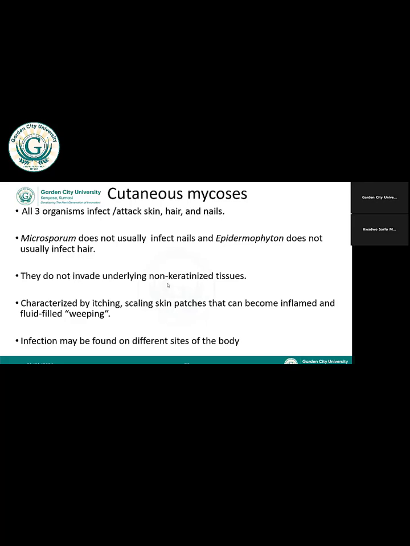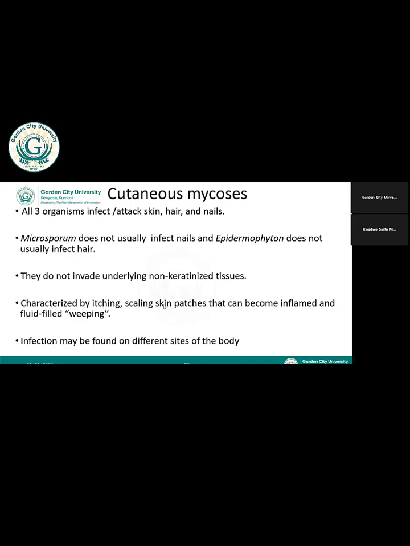And because they prefer keratin for their source of nutrients, they don't invade other parts of the body that do not have keratin. That's why they are confined to the skin, the hair, and then the nails. Mostly you have individuals complaining of itching.